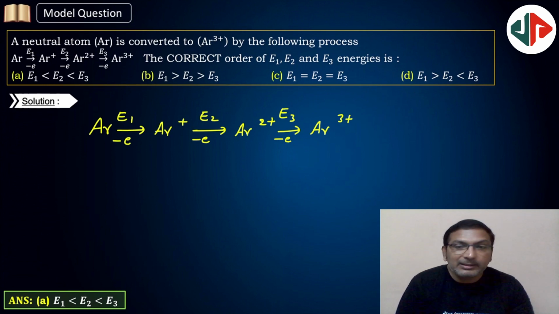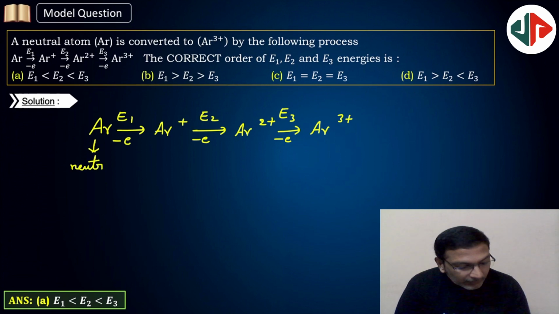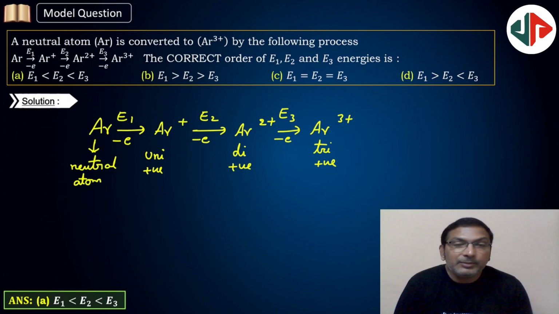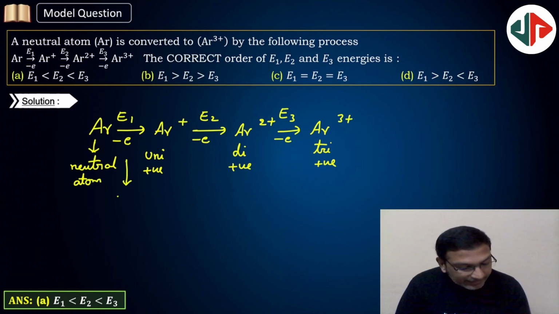Removal of first electron from neutral atom, this is neutral atom, this is uni-positive ion, di-positive and tri-positive ion. Conversion from neutral atom to uni-positive ion becomes the first ionization energy, simply IE1.